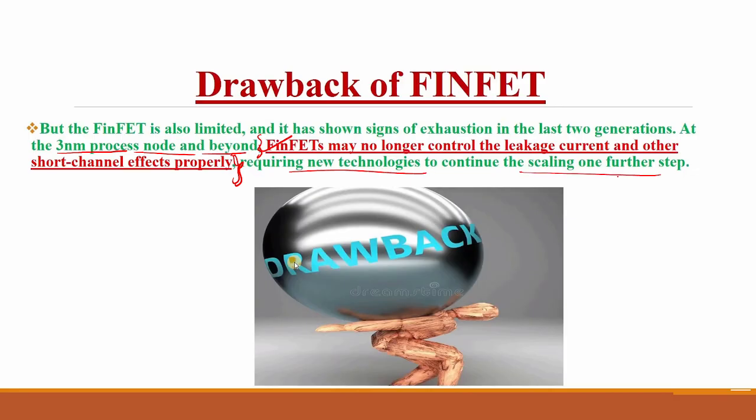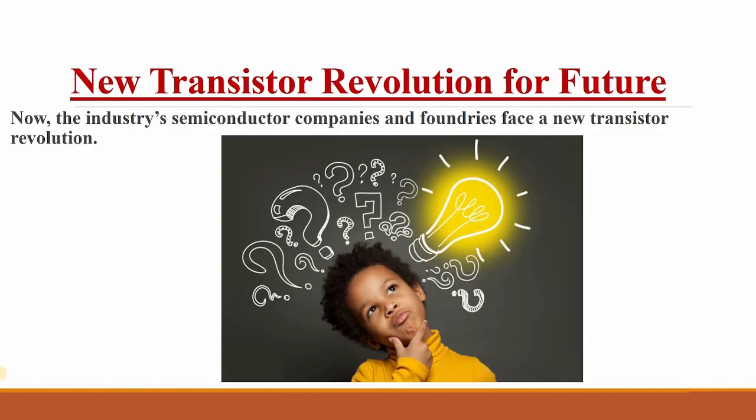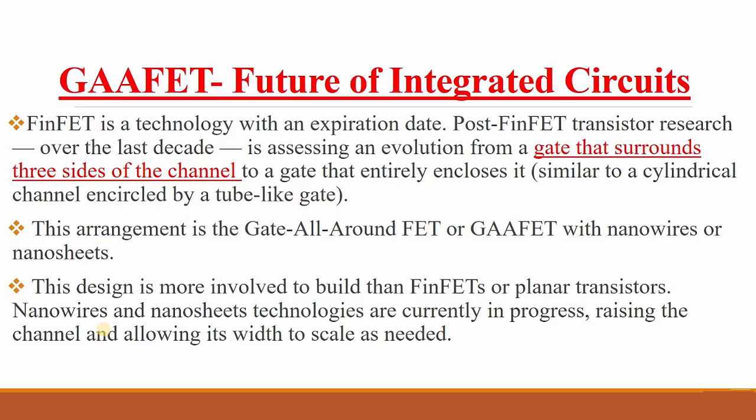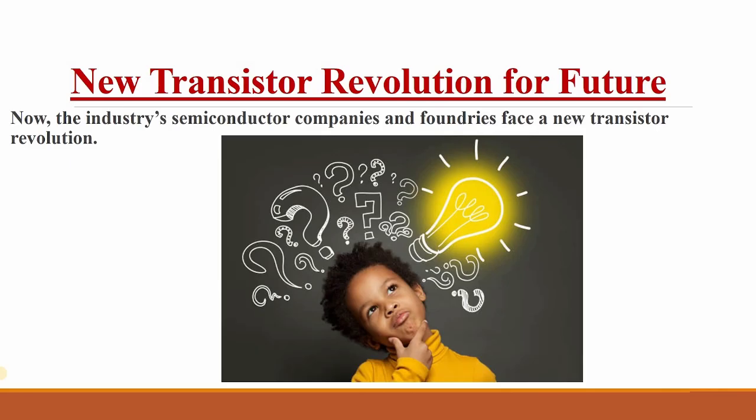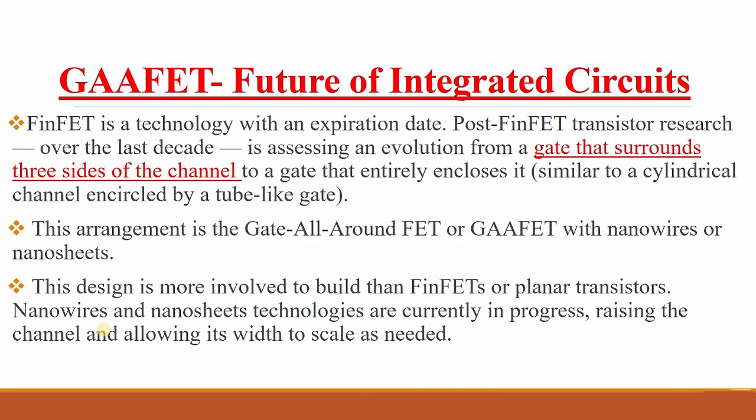If you scale the transistor further, they need a new technology. So what is the technology? The new technology is GAAFET. Below the 3 nanometer process, we need to go for it, because there are some issues in the FinFET. We need to go for the other technology, that is GAAFET. So there is some expiration date for the FinFET.